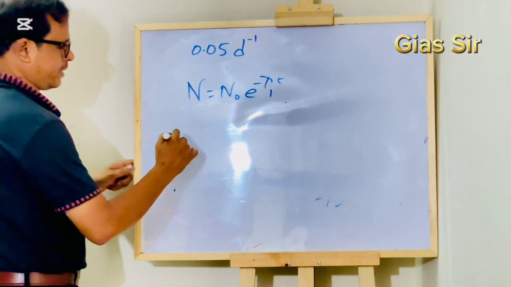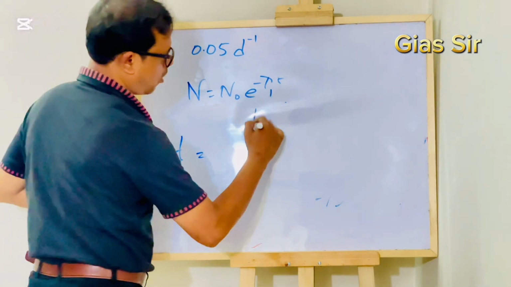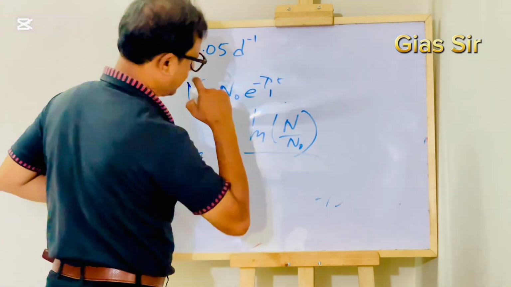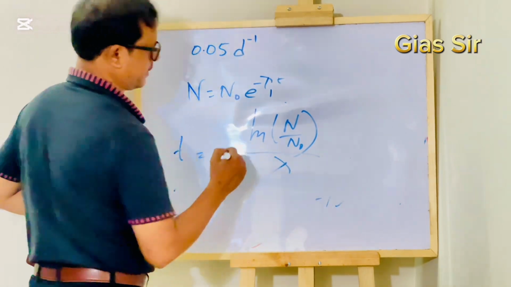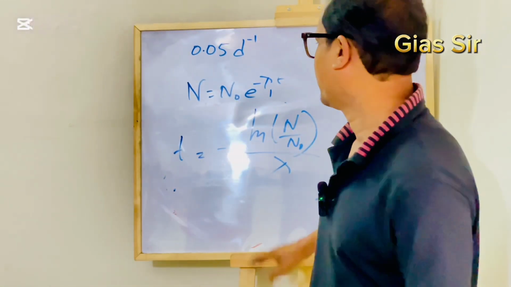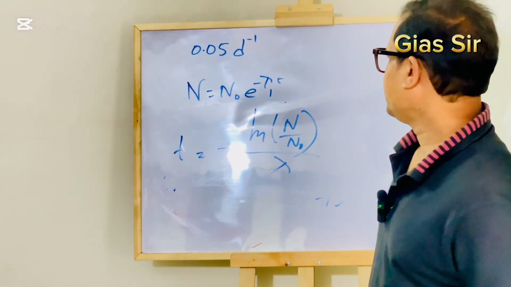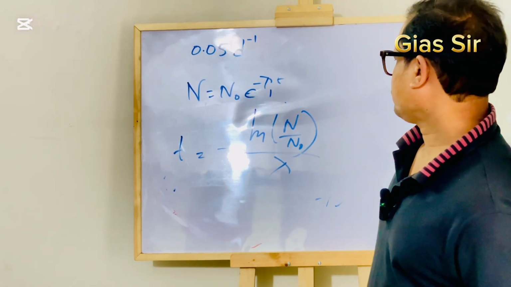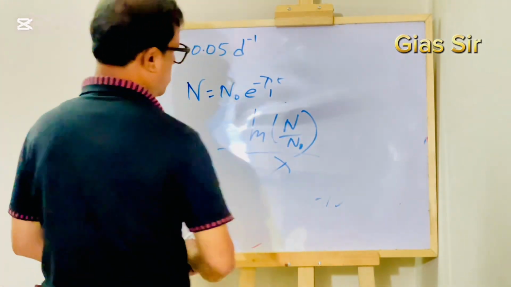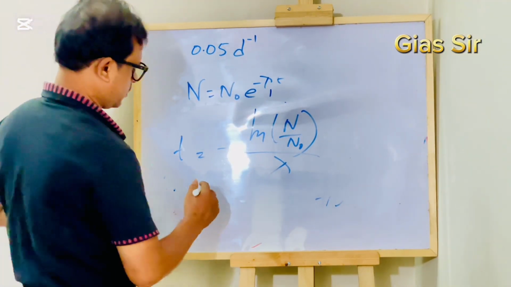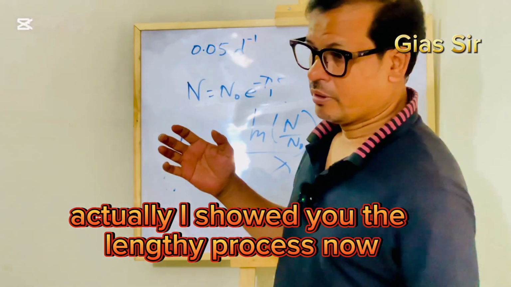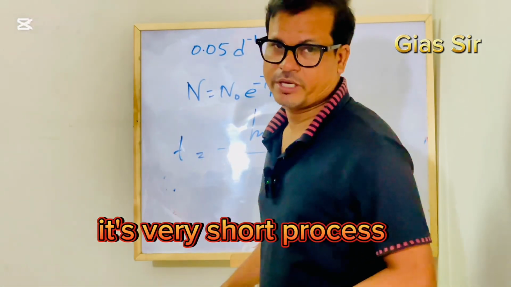Here we can find t equal to ln N over N naught divided by minus lambda. If you can remember this, you can do the mathematics online. Okay, good. Actually I showed you the lengthy process. Now it's a very short process.